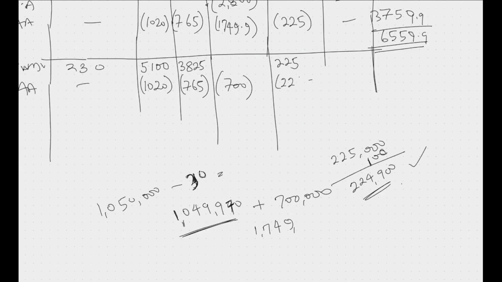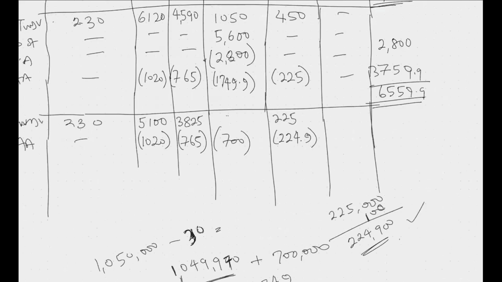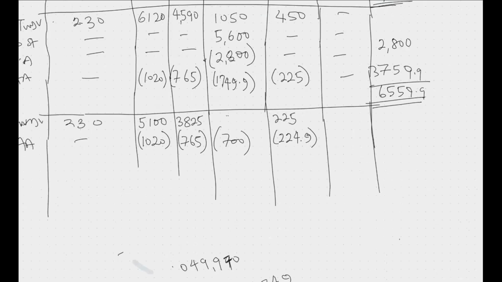What's the terminal value here? 2,100.1. 0.1. Did we acquire any asset this year?